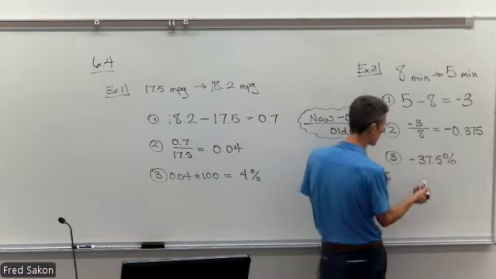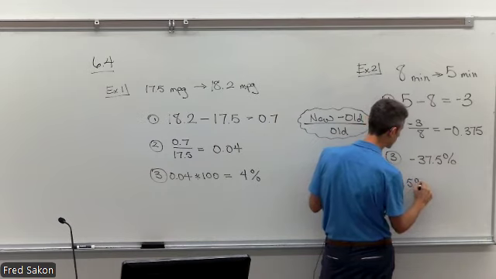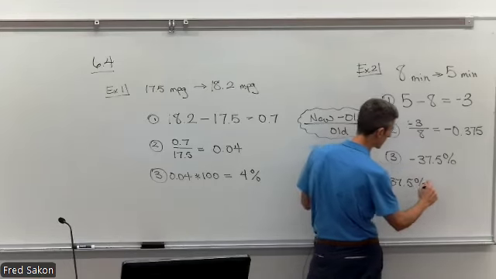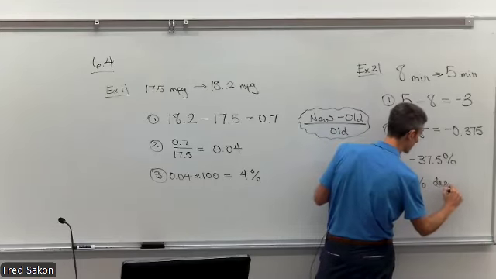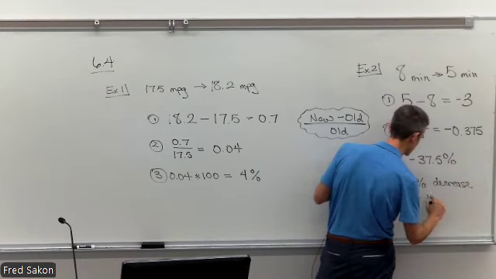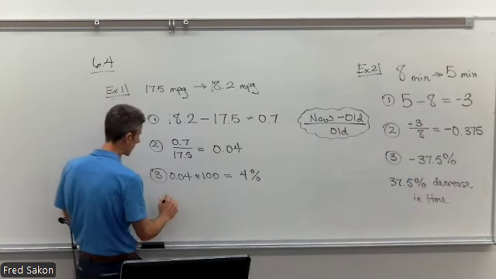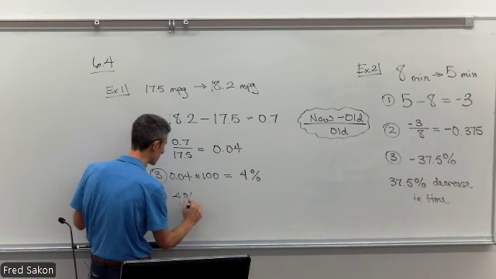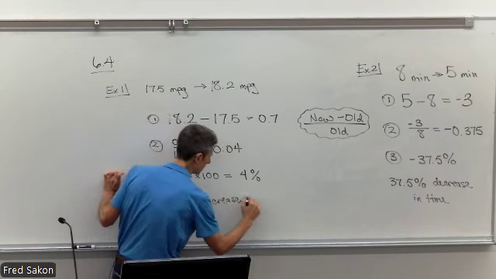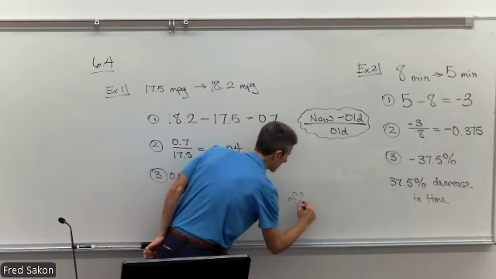As we report something like this, we might not include the negative sign, right? We might say there was a 37.5% decrease in time. Here we could say there was a 4% increase in fuel efficiency.